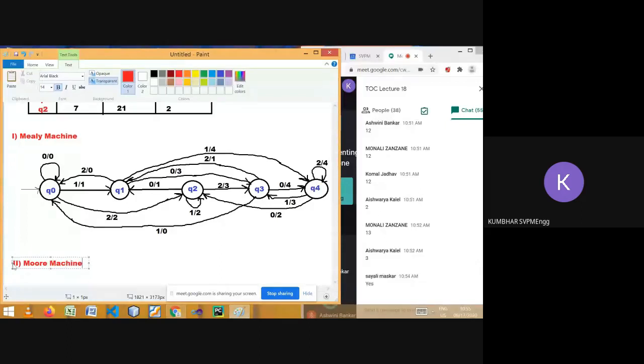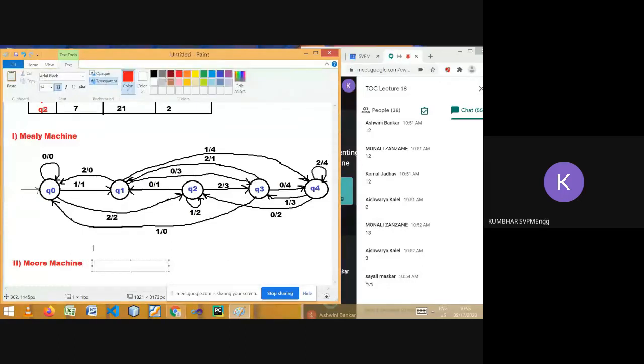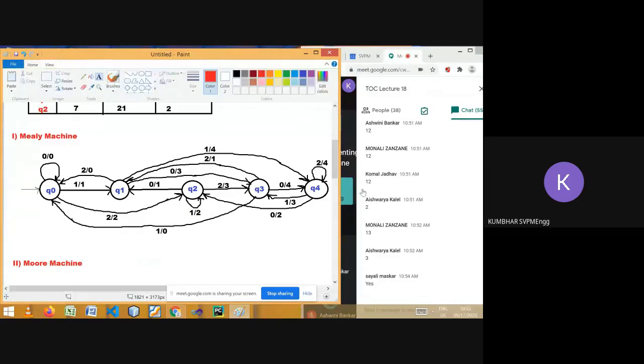For this example, fortunately, most of the task we have completed in this Mealy machine, so it is very beneficial for us to convert it or to draw the Moore machine.